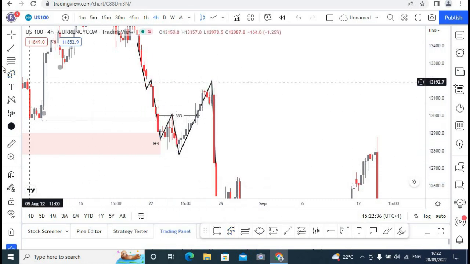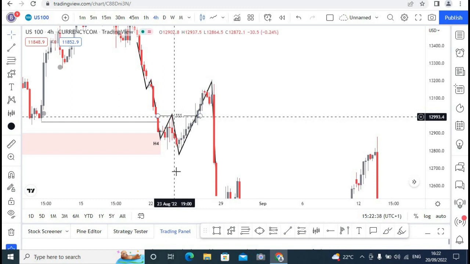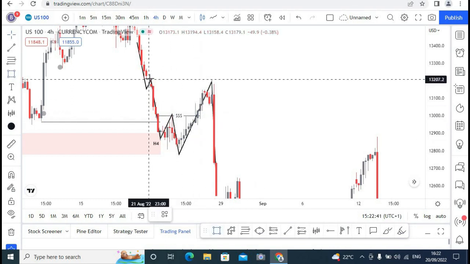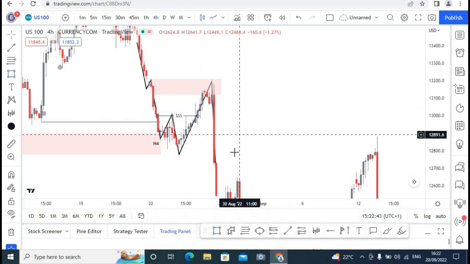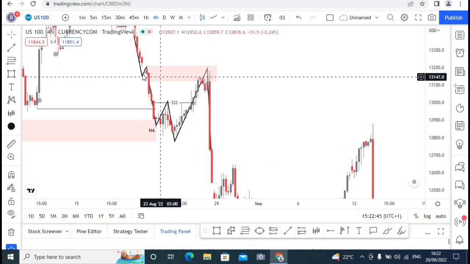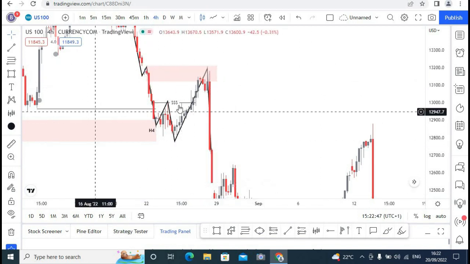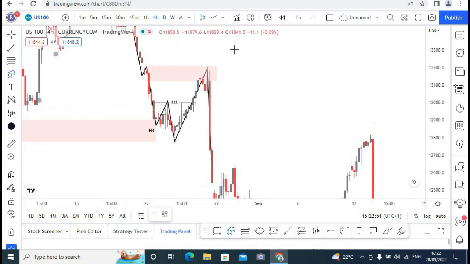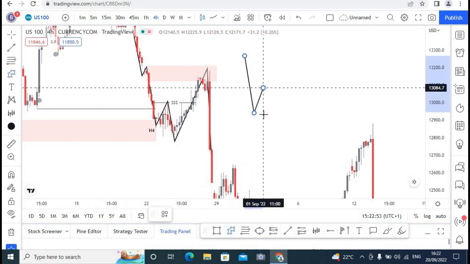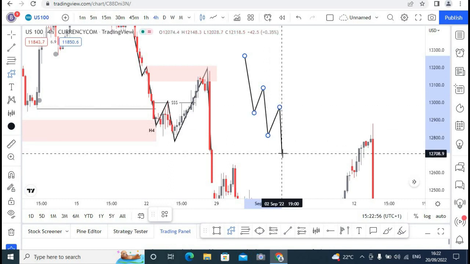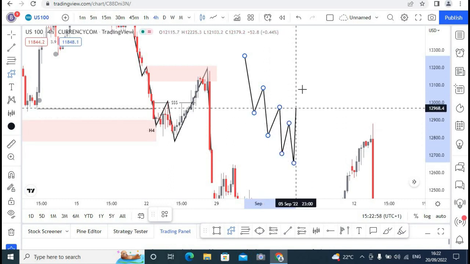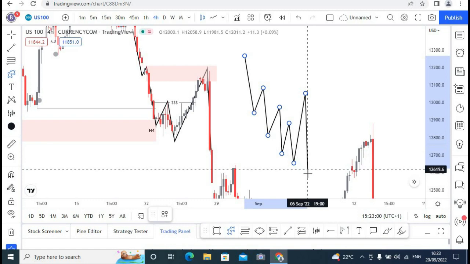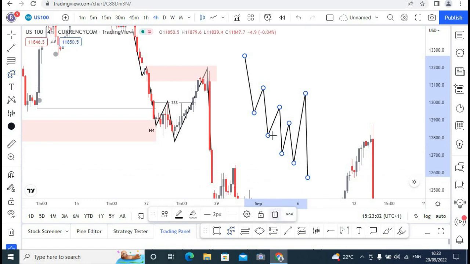So this means that this was our inducement here, so this was our supply right here. So this was going to be a successful supply zone area. So if price continues giving you this continuous drop like this, it's what we call a liquidity. The price has to liquidate the zone or sweep out the liquidity, something like this.